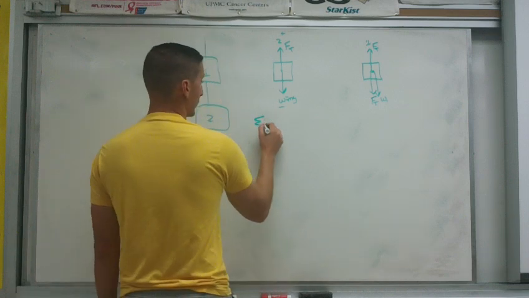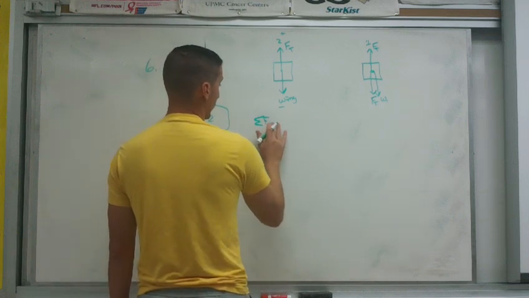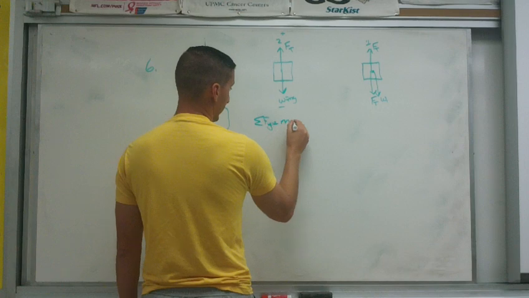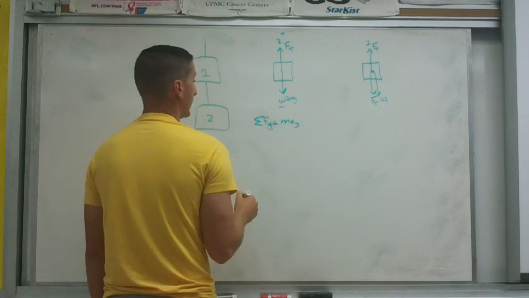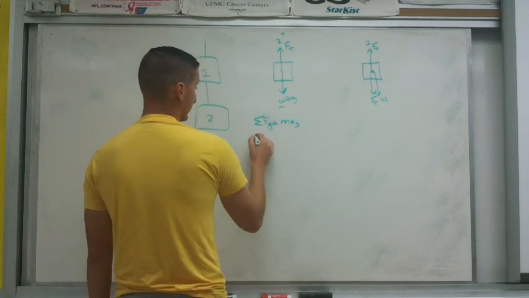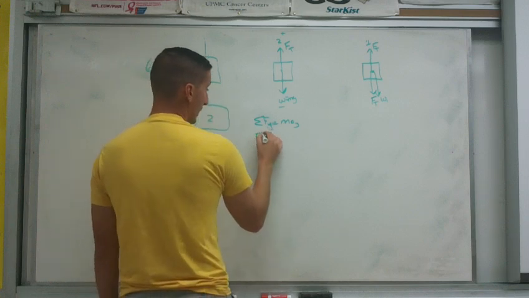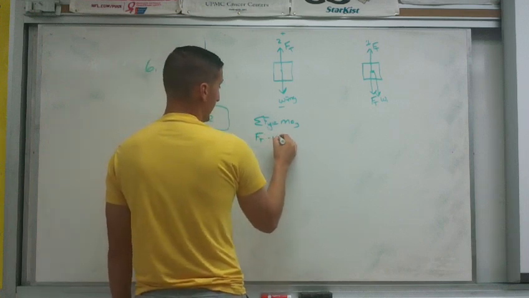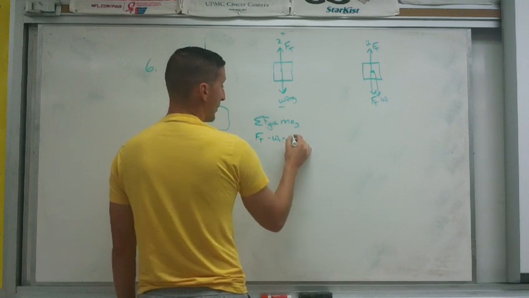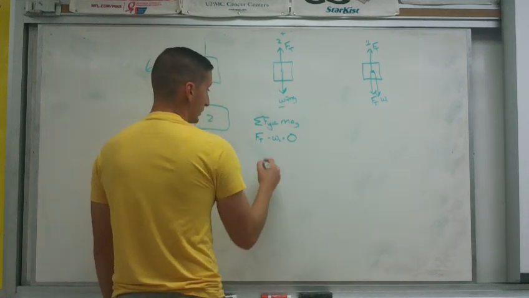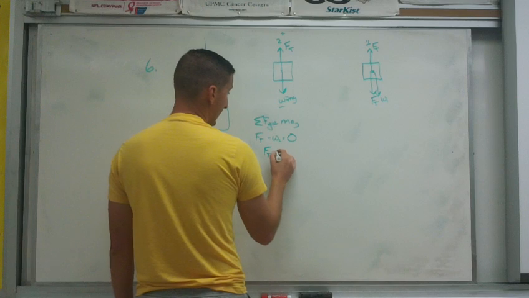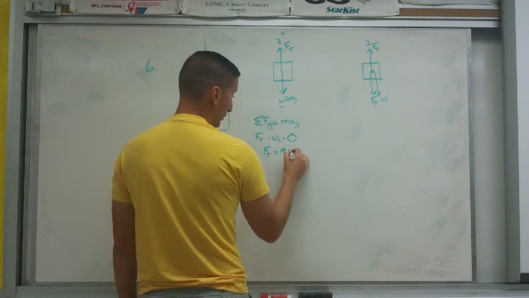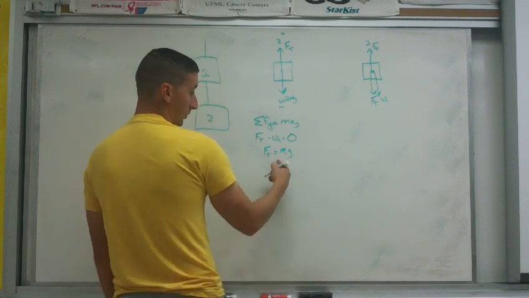We do summation of the forces in the y direction equals may. I know Ft is positive, and that's Ft of this rope. Ft minus the weight of bucket 2 equals, well, they're not moving, so it's going to be 0. So Ft actually equals the mass of bucket 2 times gravity. That's just the weight, mg.